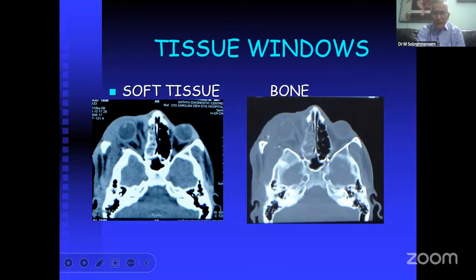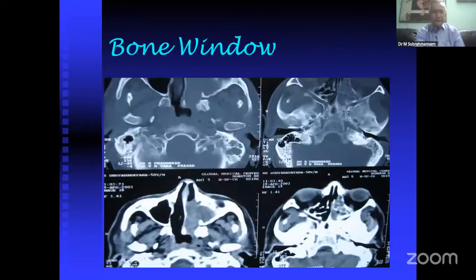In bone window, you see the details of the bone much more clearly, and the soft tissue lesions are not seen clearly, they are masked. So these are different pictures of bone windows.